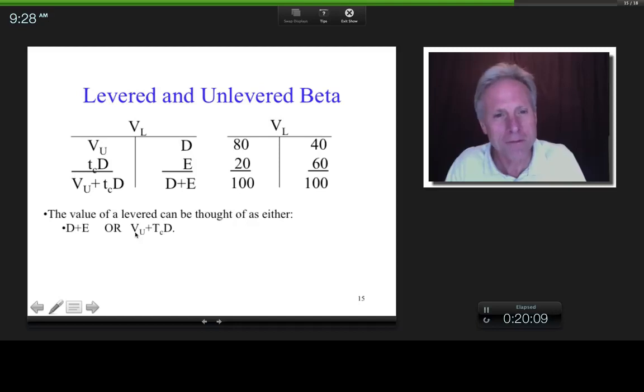In other words, the value of the unlevered firm. So I made up some numbers. I said, imagine the debt tax shield is 20. Well, this 80 you could think of as a plug, or as any value that's unrelated to debt, the value of the unlevered firm.